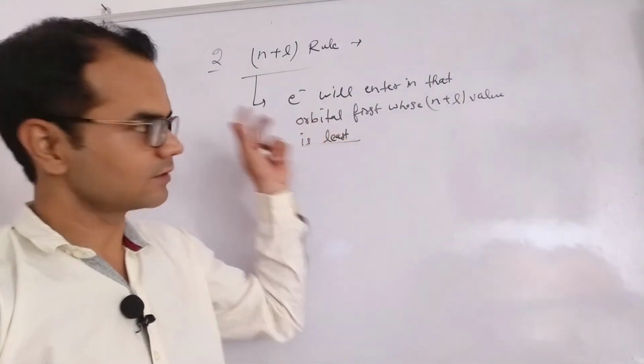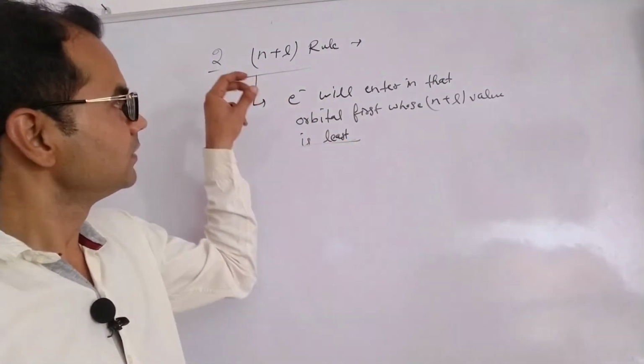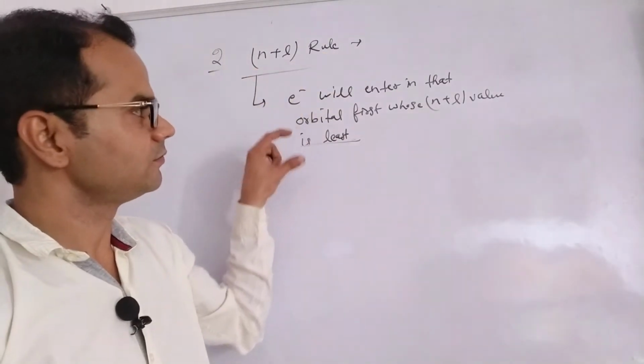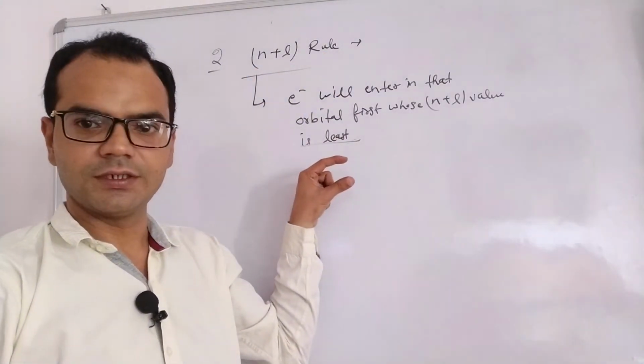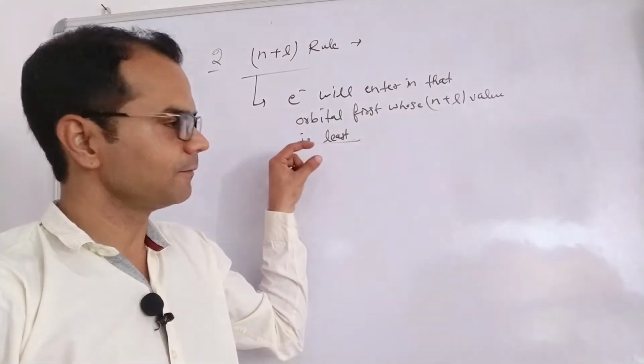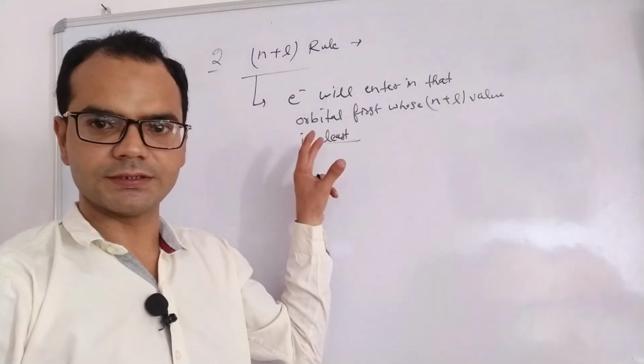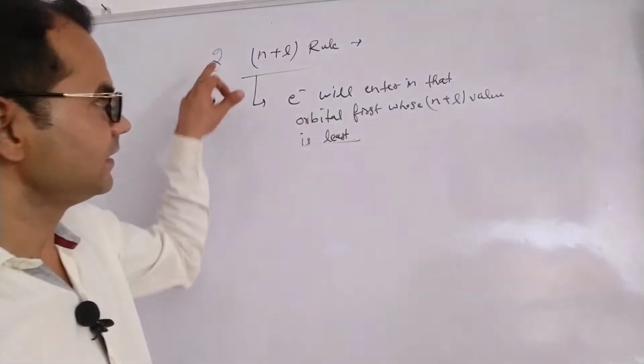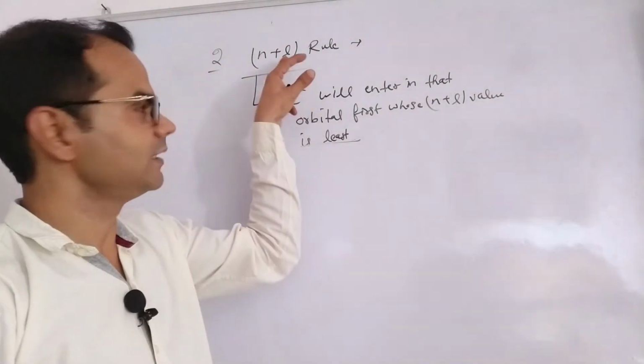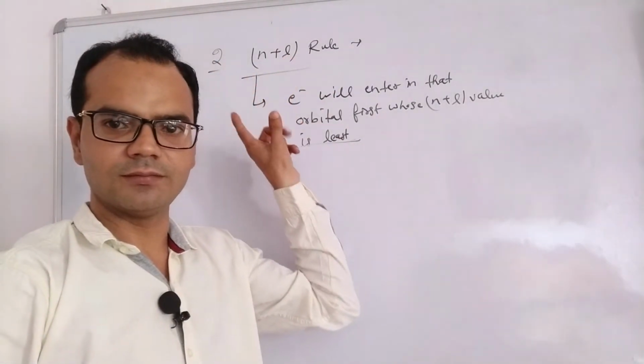Easy. Let's draw a table for the N plus L rule, so we can find out the correct order of atomic orbitals for filling up the electrons. N is the principal quantum number and L is the azimuthal quantum number.